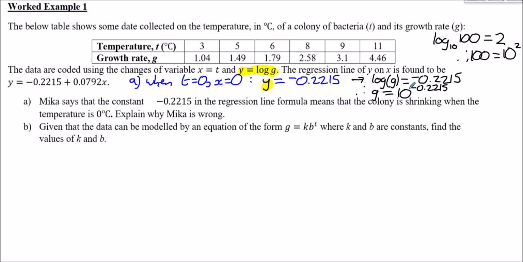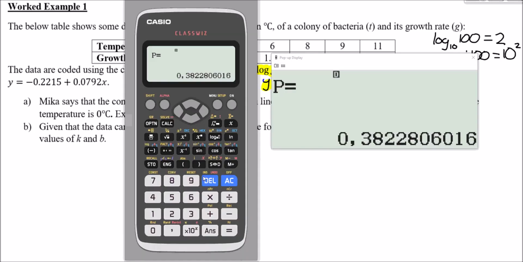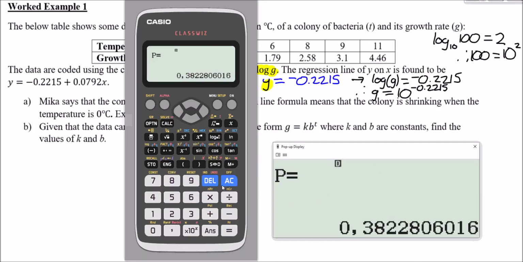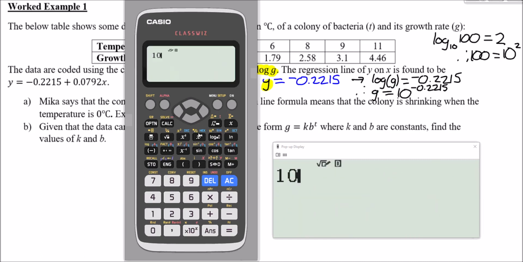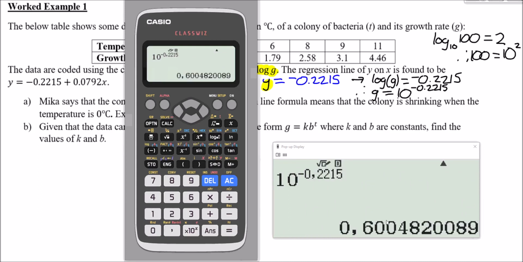So if we just calculate this, 10 to the power minus 0.2215, and see what we get, we can then work out if Mika's right, and we get a negative growth rate. So let's try that. 10 to the power of minus 0.2215 gives us 0.600, to 3 significant figures at least.